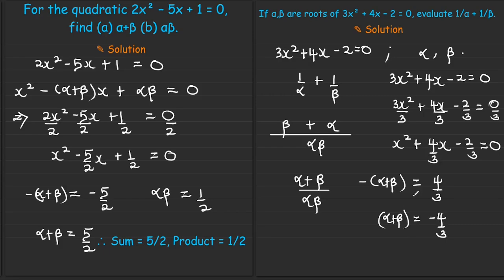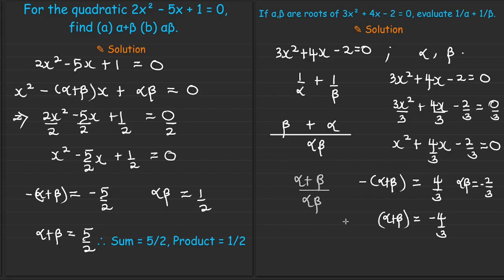On the other hand, if you want the product of our roots, we know that is always direct. So alpha beta, the product, is simply 2 over 3, but negative. Because remember, we said the product of roots is whatever we have here as the constant, and since it's a negative value, that is what we are going to get.